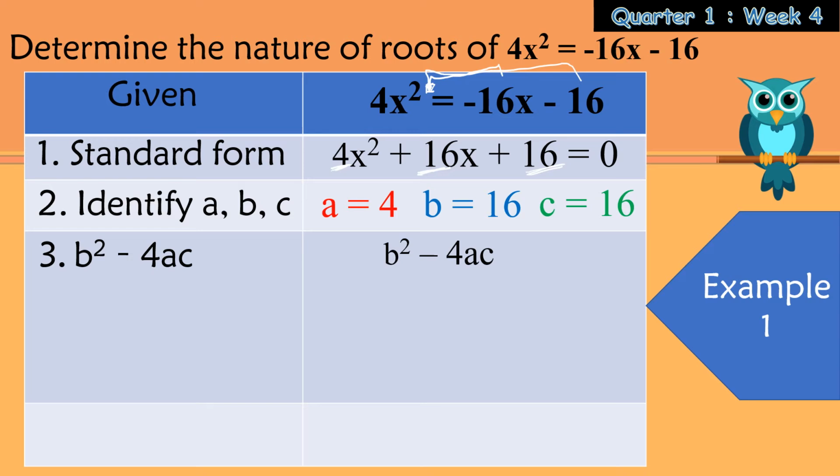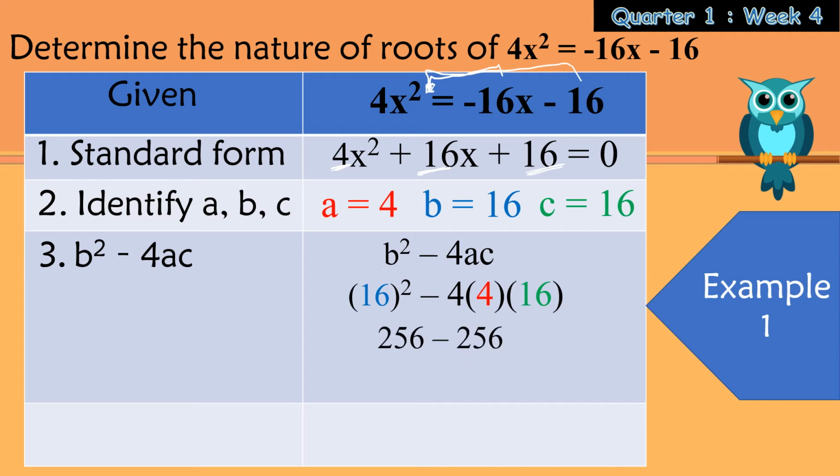So you have here b squared, so you have here 16 squared, minus 4 times the value of a, which is 4, and the value of c here is 16. So therefore, this will now be the second expression that you can have. Again, we just substituted based on our discriminant formula. And then afterwards, we are to simplify both of the expressions that we have.